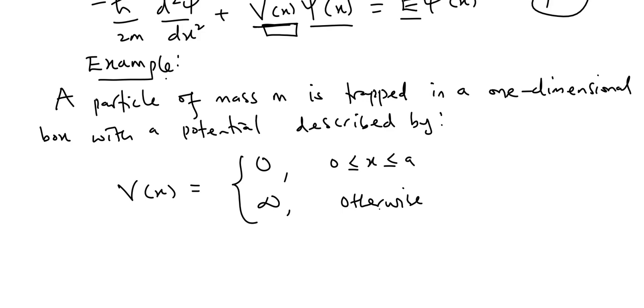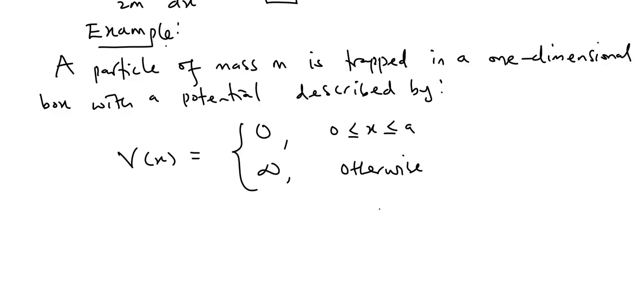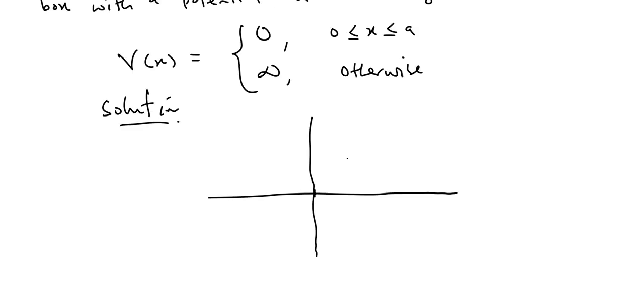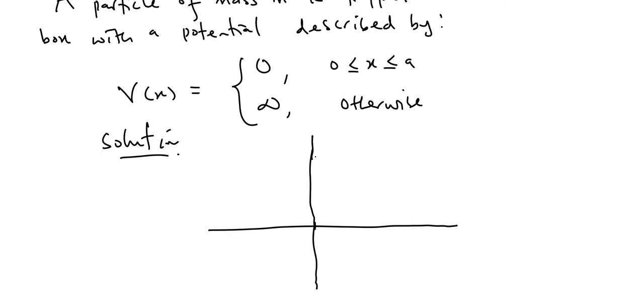So we can sketch a graph of this potential. So let's start with the solution. Let's say this is our axis. The particle is trapped between 0 and a. So this is 0, and let's say this is a. This is the x-axis, and this is the potential. So the particle is trapped.